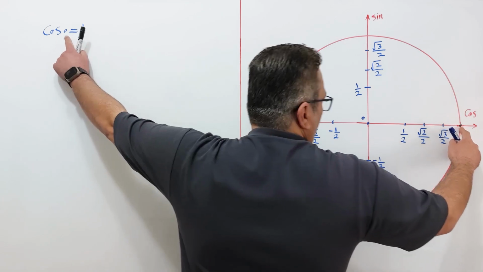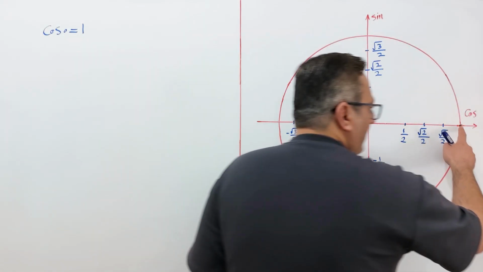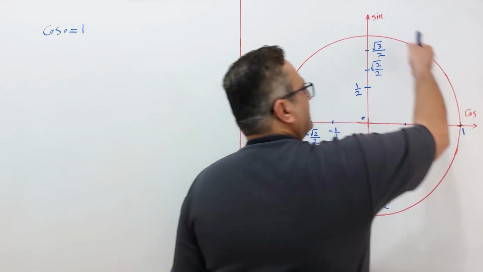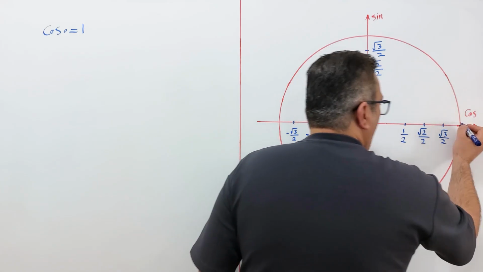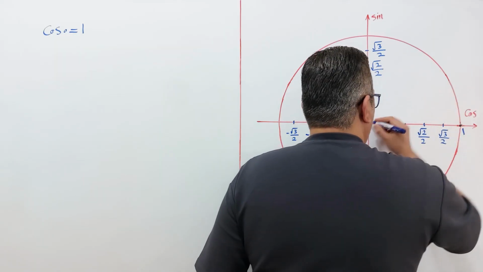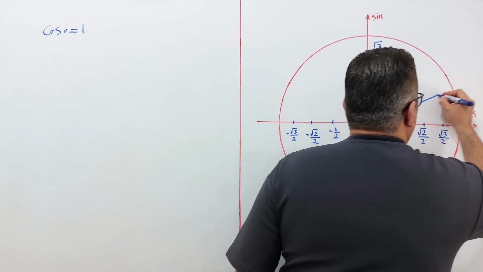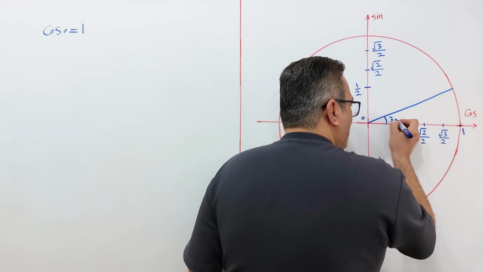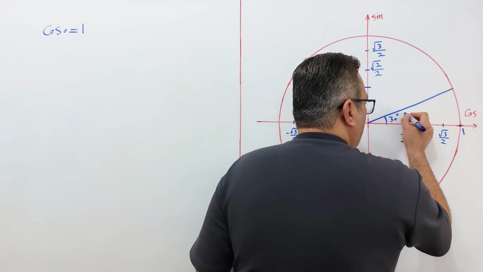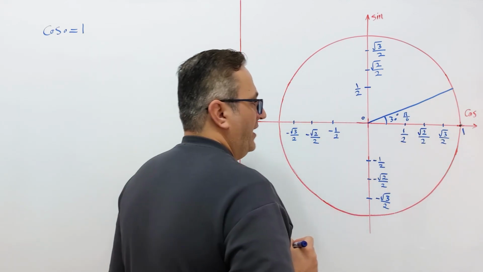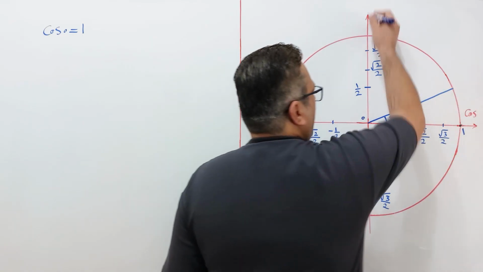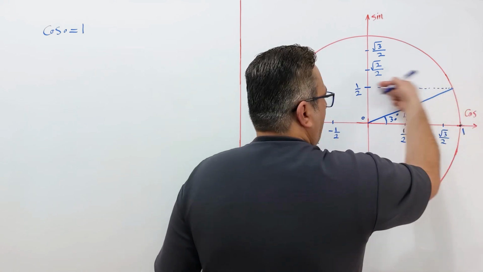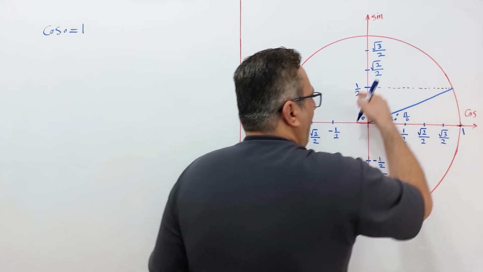So cosine 0 is 1. I am here and I start moving from the 0 point counterclockwise. For example, I start moving and we reach here, and this angle is 30 degrees or pi over 6. If you look at the sine axis, you see 1/2.